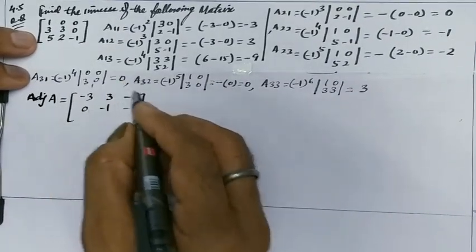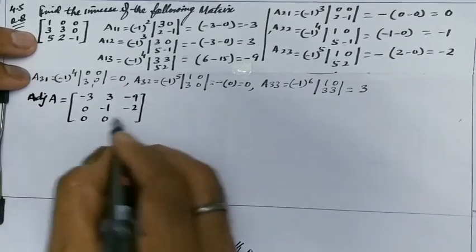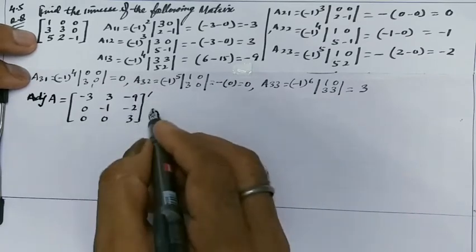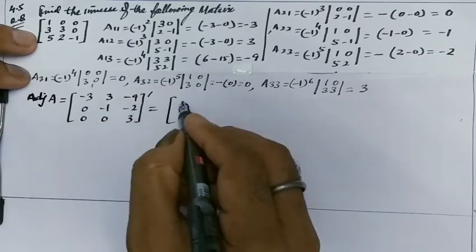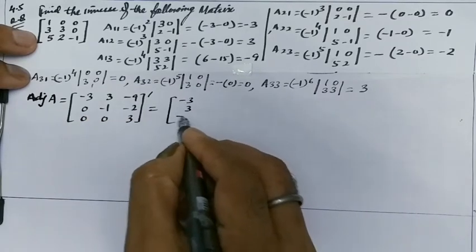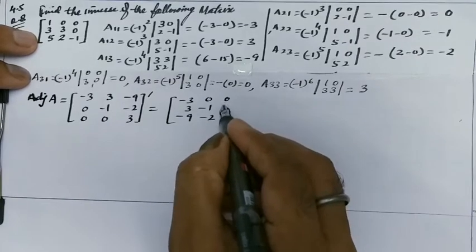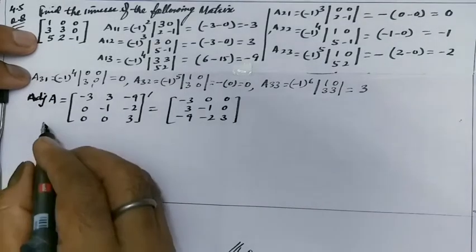The last row: a31 is 0, a32 is also 0, and this is 3. So its transpose is called the adjoint of A, where we change the order: minus 3, plus 3, minus 9; 0, minus 1, minus 2; and 0, 0, 3. This is called the adjoint of matrix A.